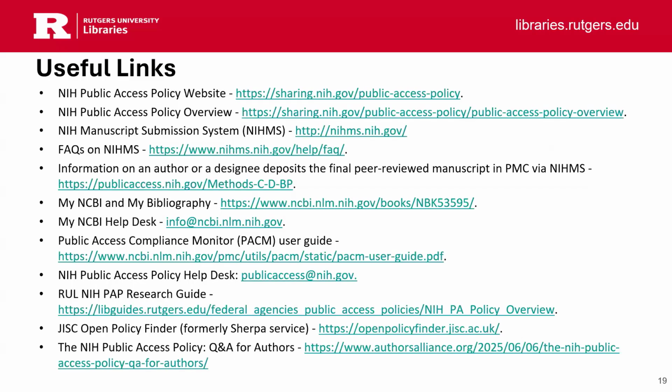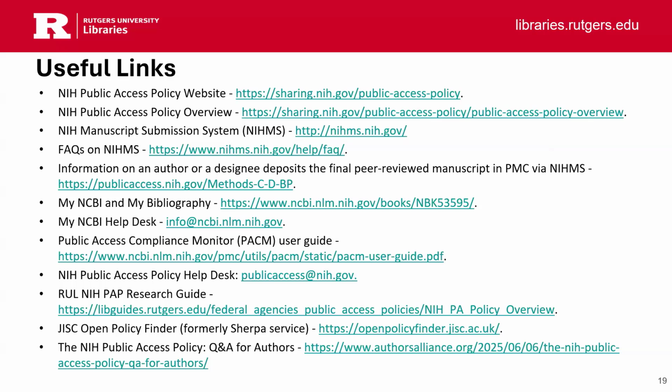And these are the useful links that I would like to share. You go to the NIH Public Access website to learn the details and keep informed of any new information. That's the overview page. This is the NIMS system where you submit your author accepted manuscript. And if you have any questions, this is the FAQ page.